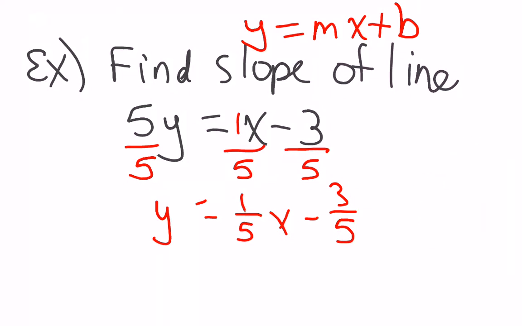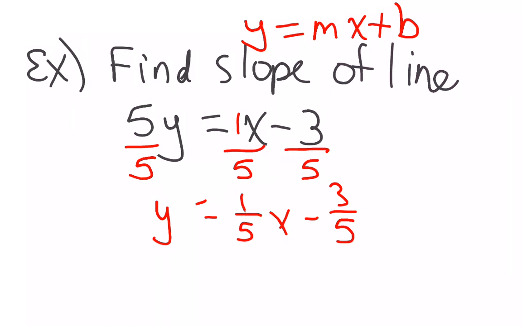All right, now we have it in that format, so that's half the battle. Now, to tell what the slope is based on this format. So we said that putting it in this format was slope-intercept form. That means it has a slope and an intercept, specifically a y-intercept.